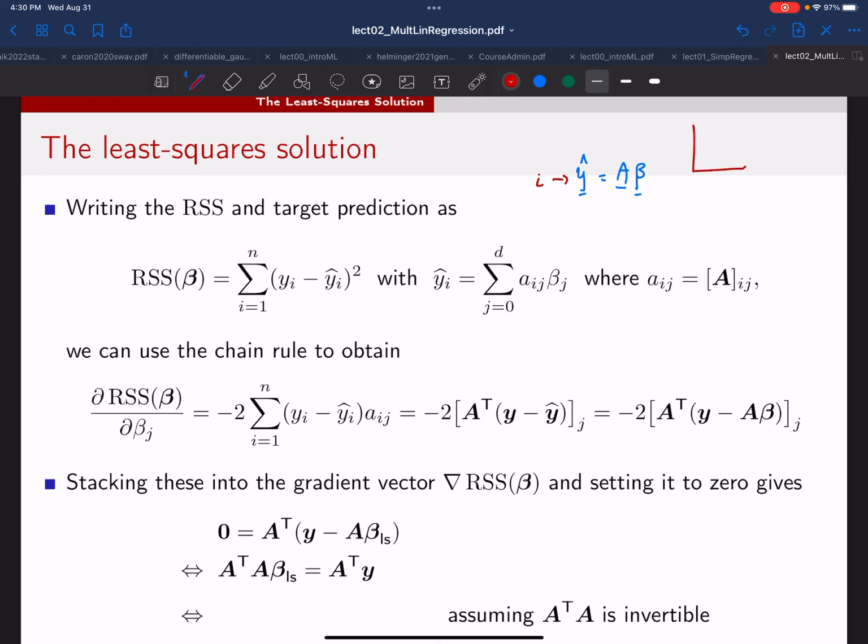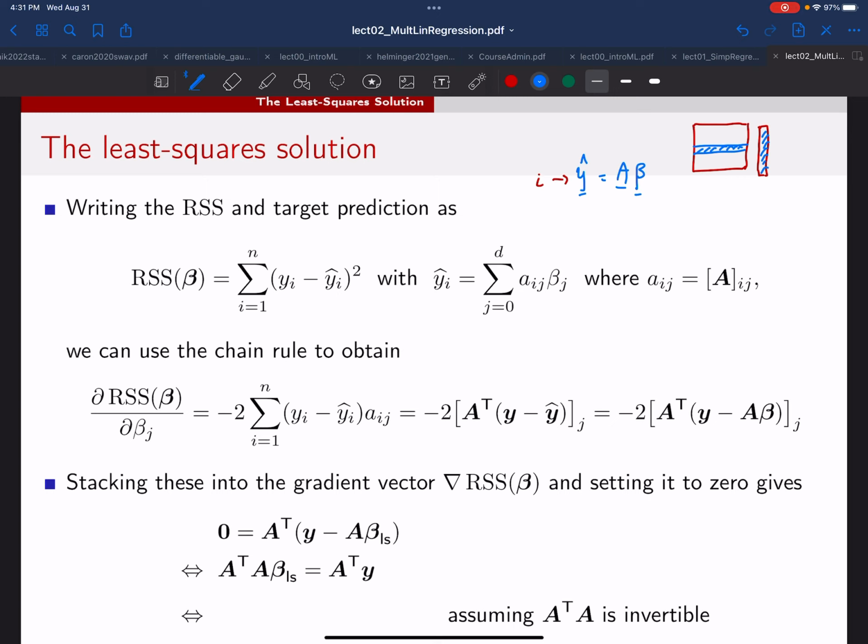Try to visualize this. You have a matrix A, you have a vector beta. We're looking at the ith element, so that means we're pulling out this row of A, and that's going to multiply this whole column vector to get the ith element y hat i.